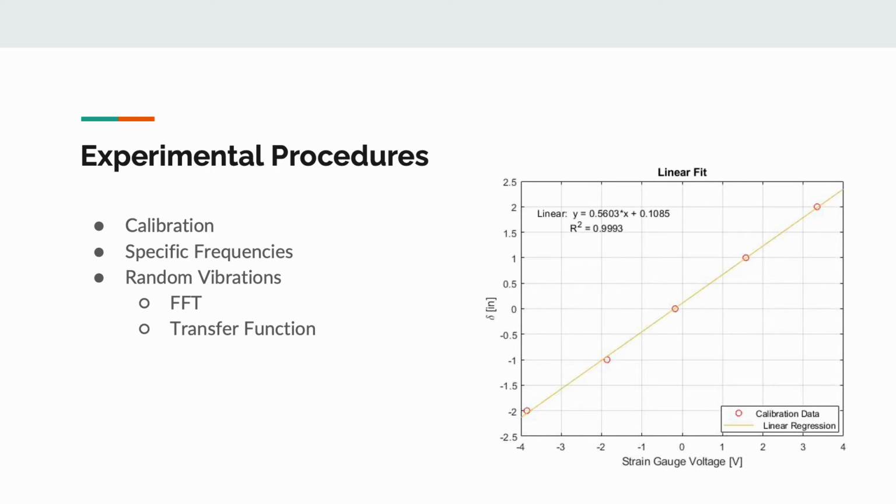So from there we measured the frequency responses of specific frequencies, and then we did the same tests, but we used random vibrations. Then we were able to fit them with various functions.